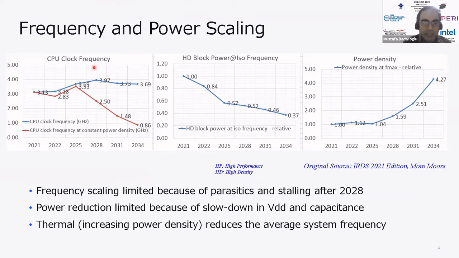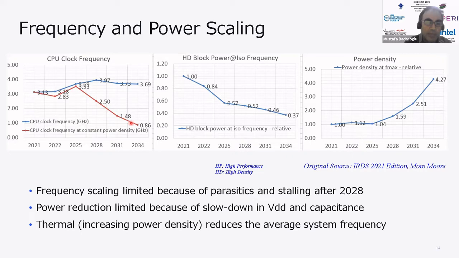So that's why you see a flattening of the single thread frequency across the logic, even getting worse by 2028. But at the system level, this will be even more dramatic because of the increased power density requirement to keep the thermal envelope.